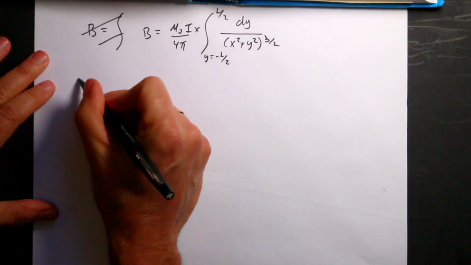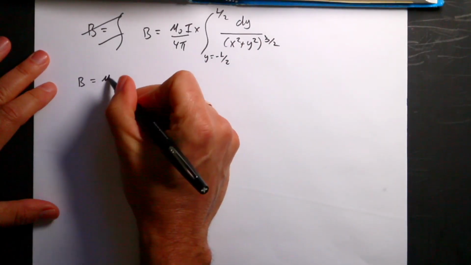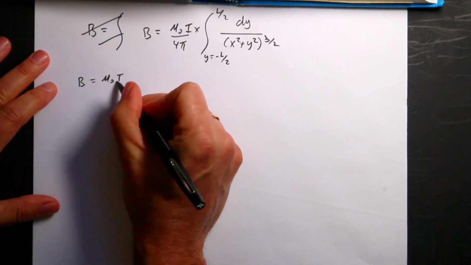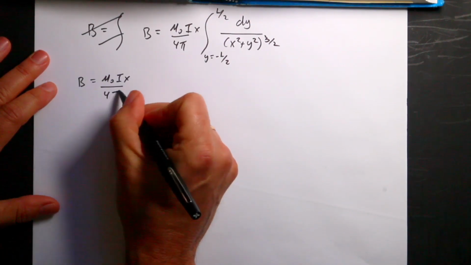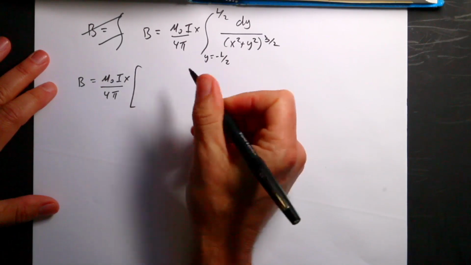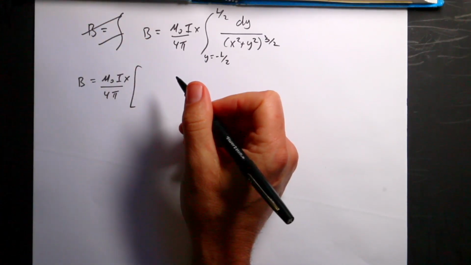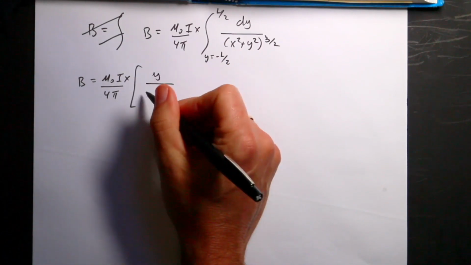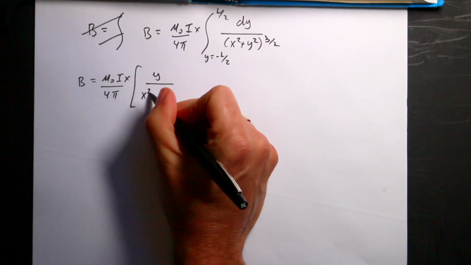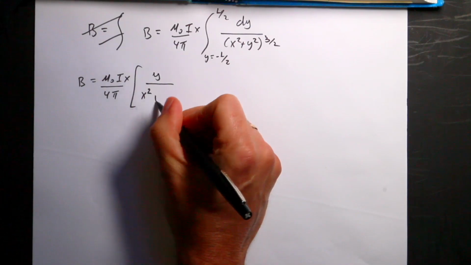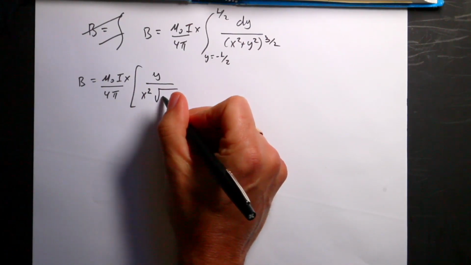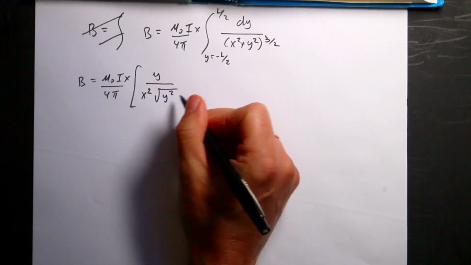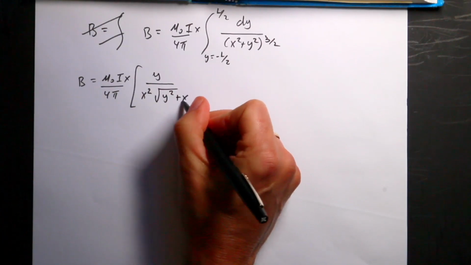I'm going to put it over here so I can see it. So I'm going to get B equals mu naught I x over 4 pi. And then the integral is going to be equal to, they say x, which is y, over a squared, which is x squared, times the square root of x squared, which is y squared, plus x squared.